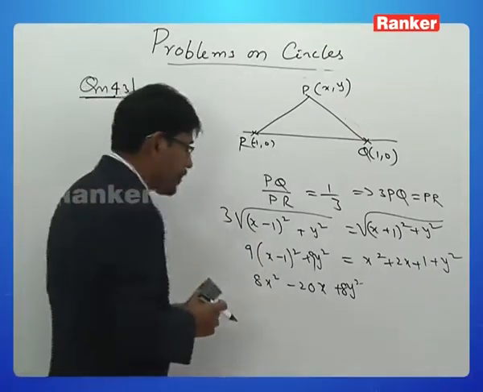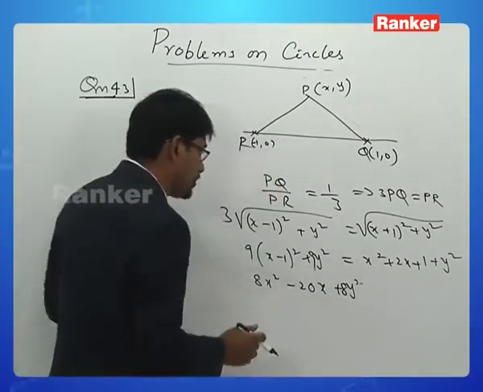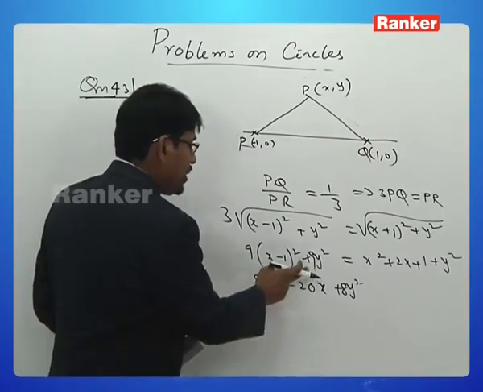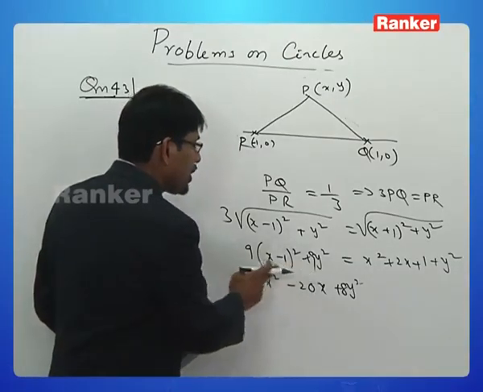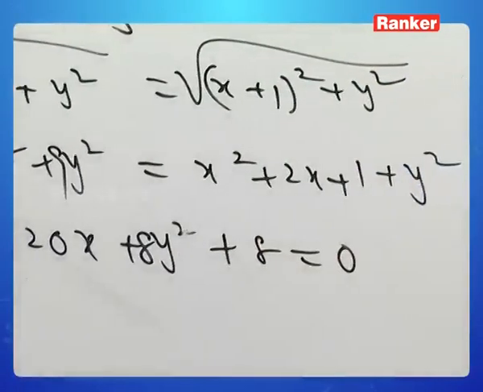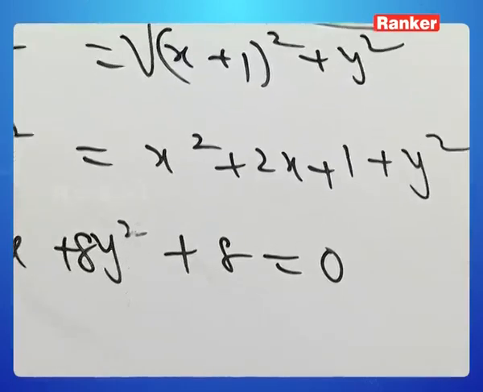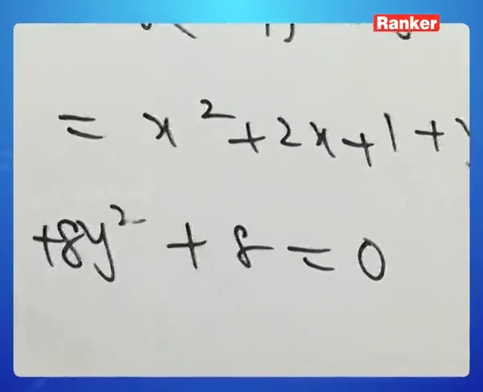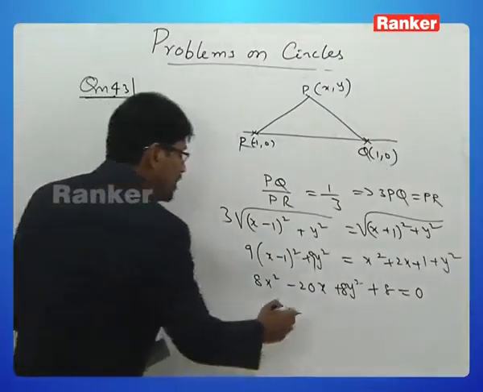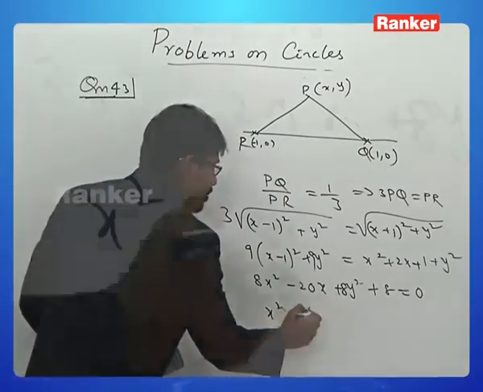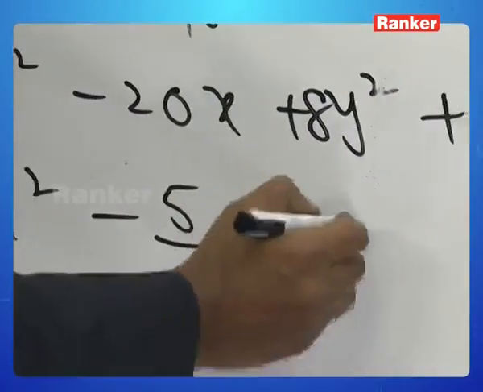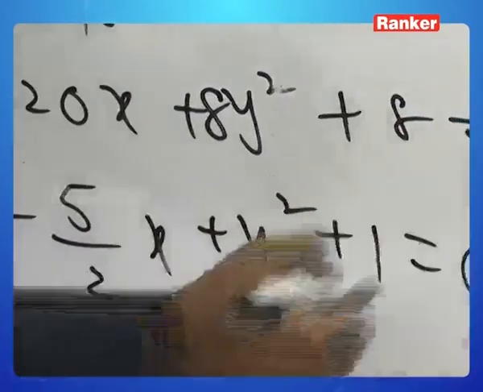And 9 minus 1 is 8, so plus 8 equal to 0. So we divide throughout by 8. That gives us x square minus 5 by 2 x plus y square plus 1 is equal to 0.